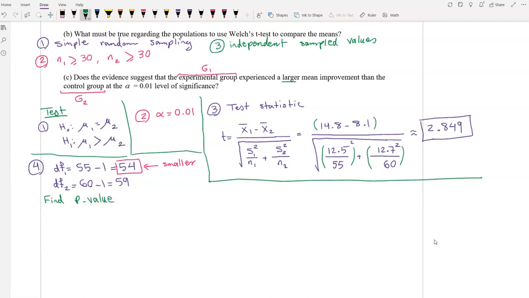Now find p-value. Here we have right tail.